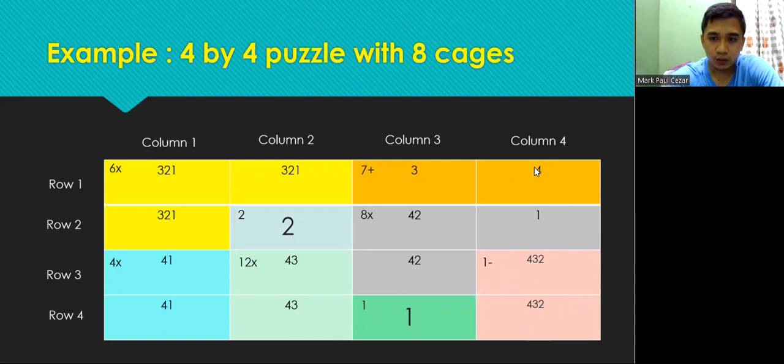But since I already use the number 4 in this column, I'm going to remove that possible number. So I'm left with 3 and 2. Since 3 minus 2 would still give me 1, I can use that. Then I have this as my possible combination, 3 and 2. So I'm just going to decide where I will put the 2 and where I will put the 3.